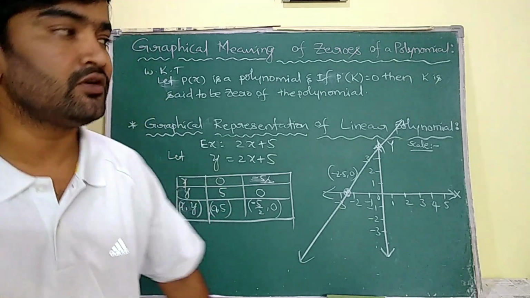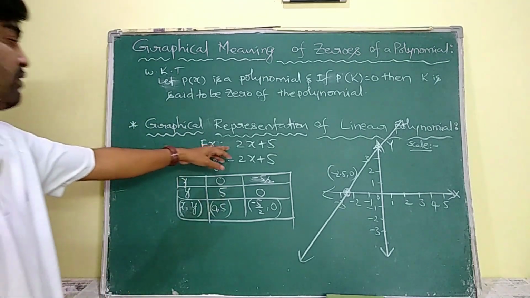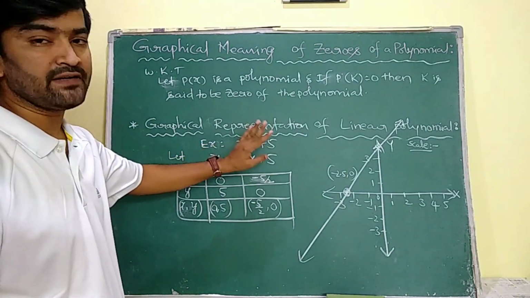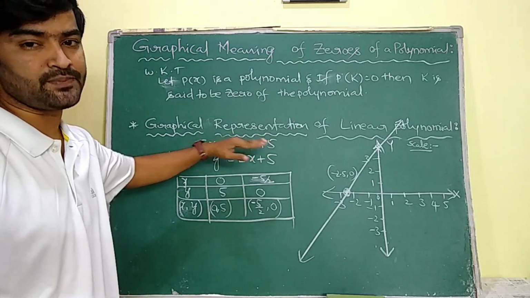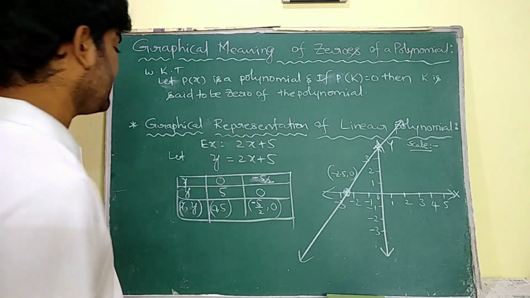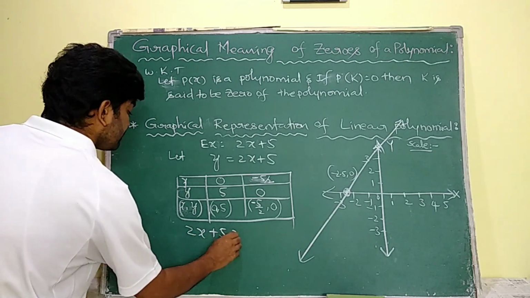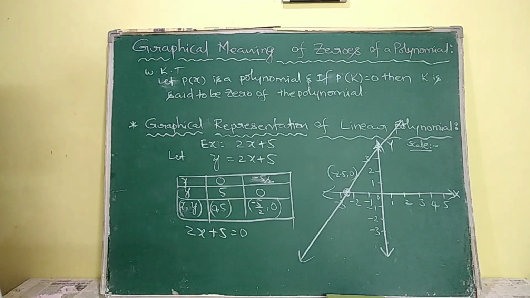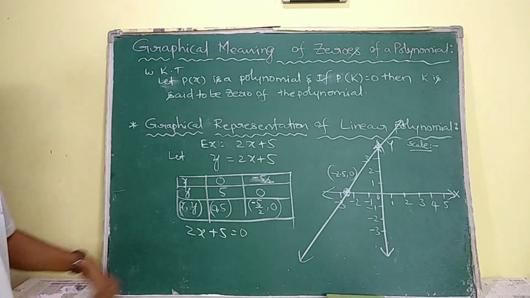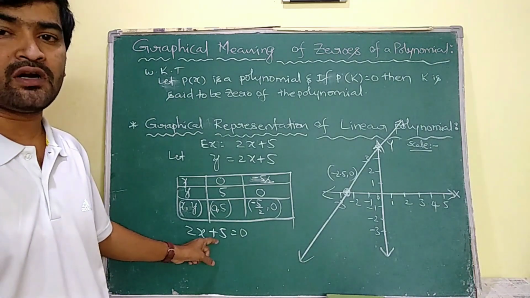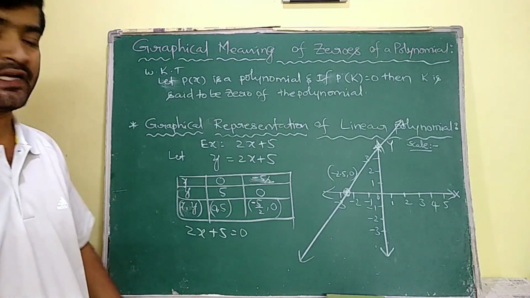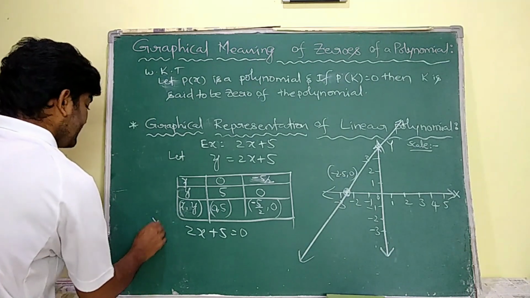See, here you have to note one thing. If the polynomial is given as 2x + 5, that means in algebraic expression form, then you have to do it like this. Sometimes it gives you 2x + 5 = 0. In that case, you are not supposed to assume this as y. Why? Because it is an equation.